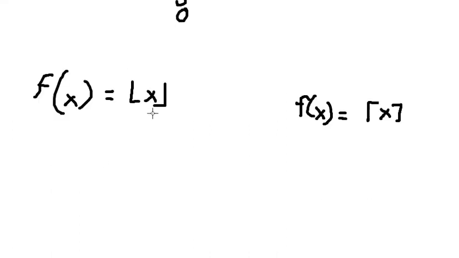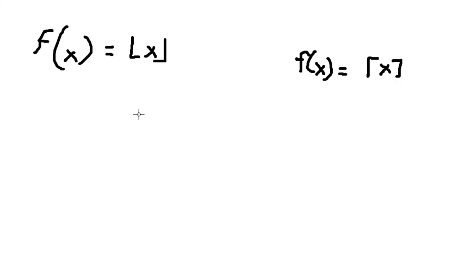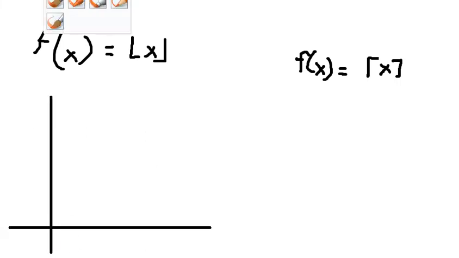Now if we graph this one, so from 0 to number 1, they will go in here. Now when x equals number 1, they will go to here.